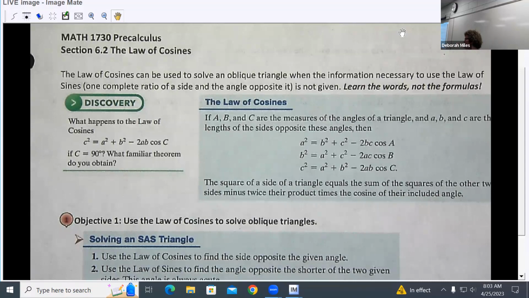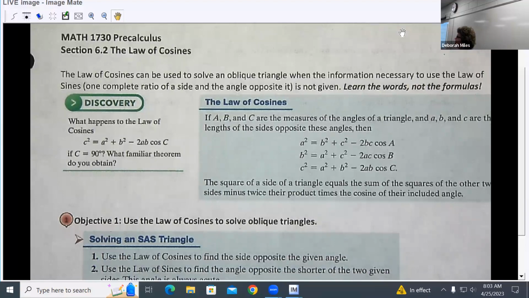So we use the law of sines to find the missing part under certain circumstances. What do we have to be given in order to use the law of sines? One angle and a side opposite it, a ratio. You give me that one complete ratio and I can use any other information you give me to set up another ratio, and then I have a proportion, and then I can finish solving for the missing sides.